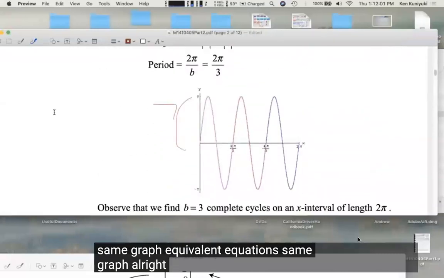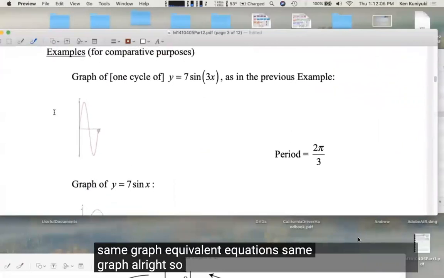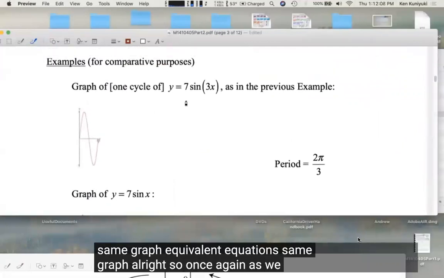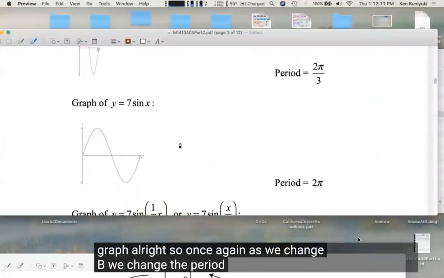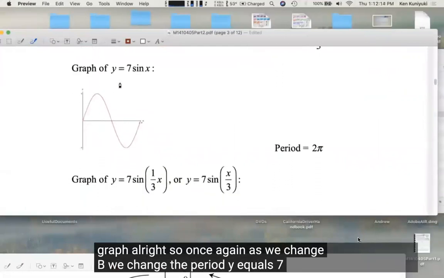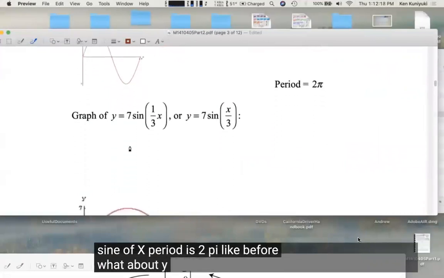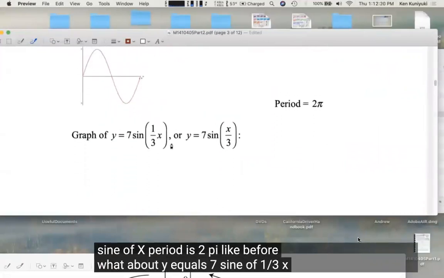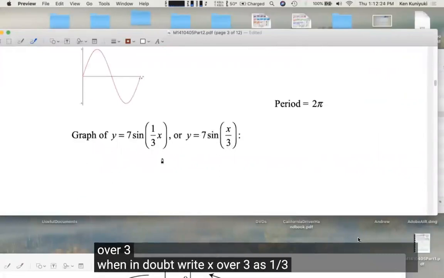All right. So once again, as we change b, we change the period. Y equals 7 sine of x, period is 2 pi, like before. What about y equals 7 sine of 1/3 x, or x over 3? When in doubt, write x over 3 as 1/3 x.